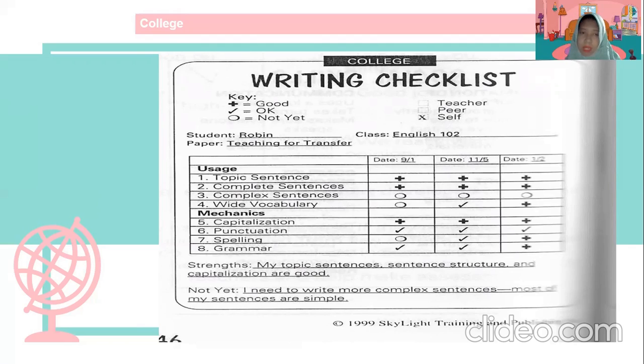So probably in the future, Robin hoped that he can write more complex sentences rather than simple sentences so that he can improve his writing ability.